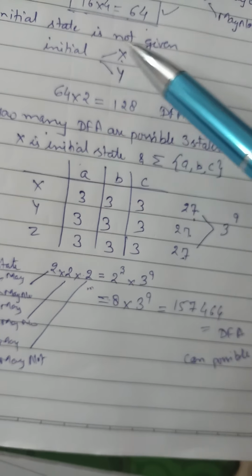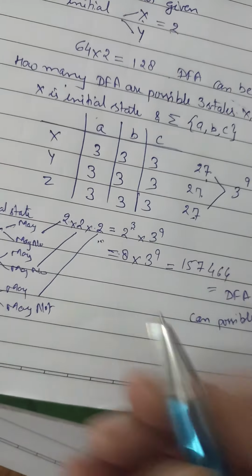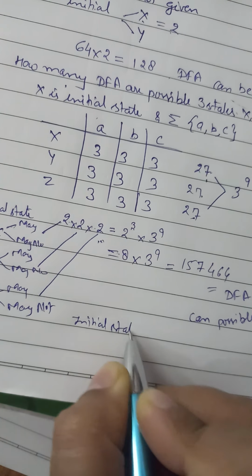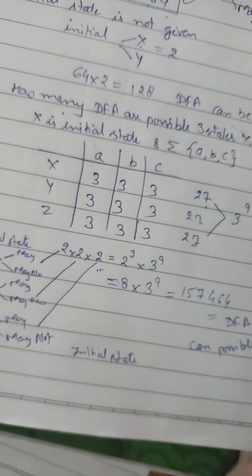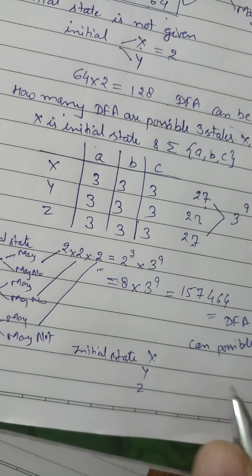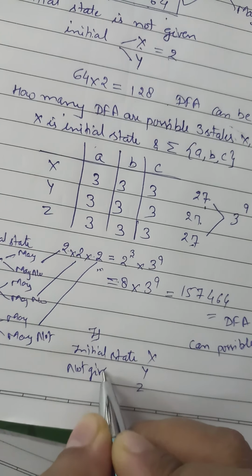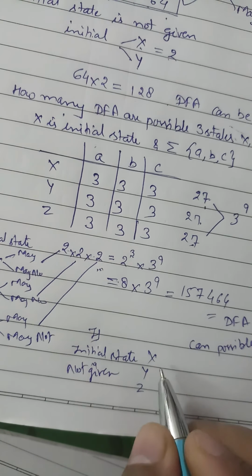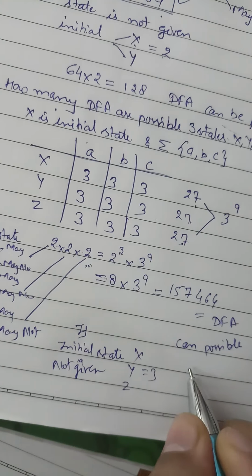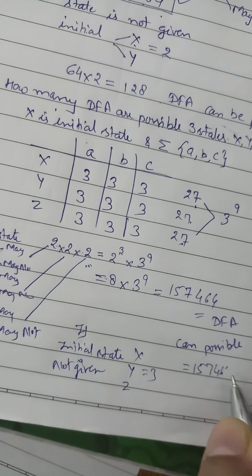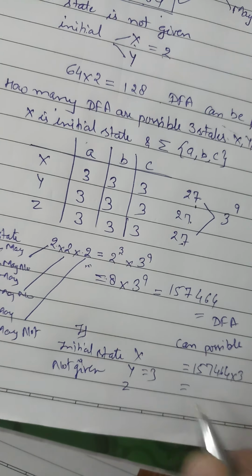If the initial state is not given, here the initial state is given, but if the initial state is also not given, then we have three choices: X, Y and Z. So what we can do is multiply it: 157,464 into 3.